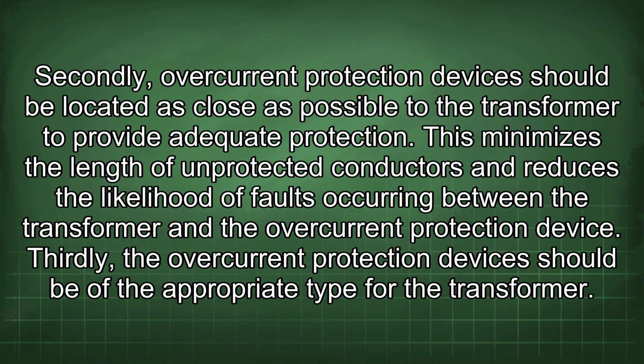Secondly, overcurrent protection devices should be located as close as possible to the transformer to provide adequate protection. This minimizes the length of unprotected conductors and reduces the likelihood of a fault occurring between the transformer and the overcurrent protection device. Thirdly, the overcurrent protection devices should be of the appropriate type for the transformer.